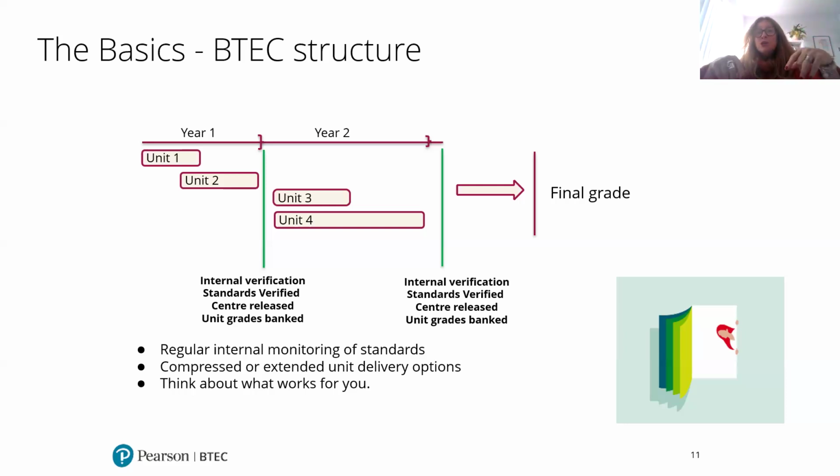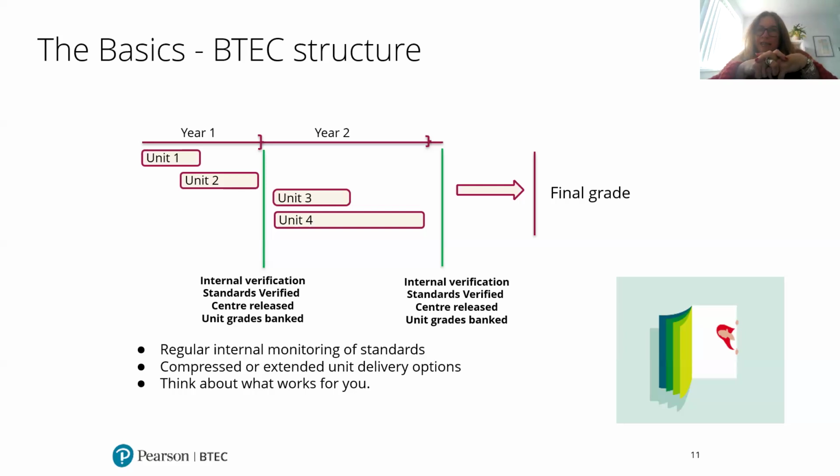But you might start some underpinning knowledge in year 1, some formative assessment that you build upon at the start of the next academic year. Remember that at the end of the academic year, everything needs to have been internally verified.